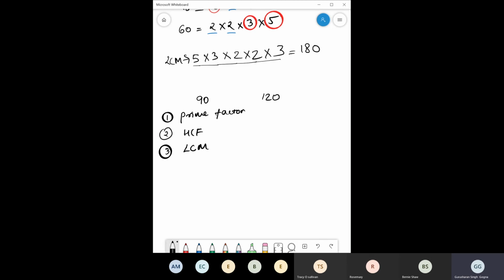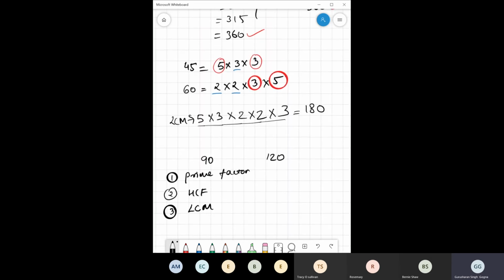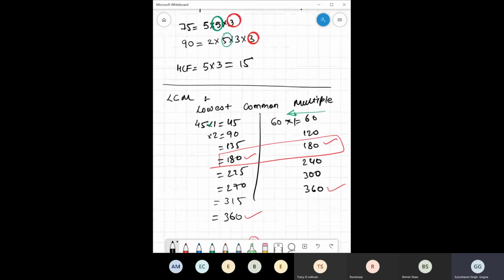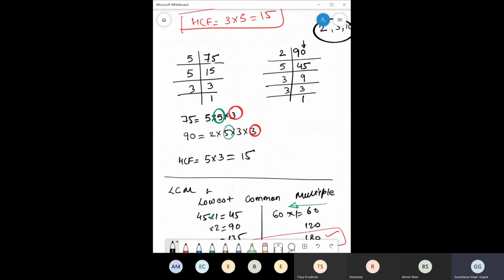Can you do it quickly and send me the answer? 90 and 120. And I can show you this example just for reference if you want.